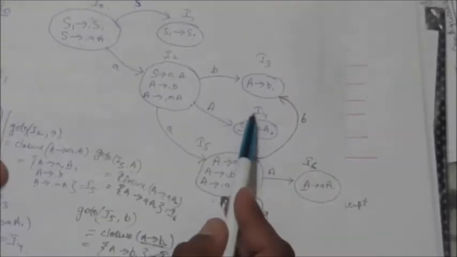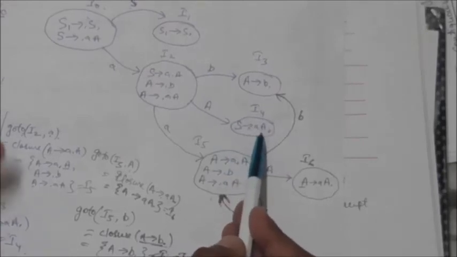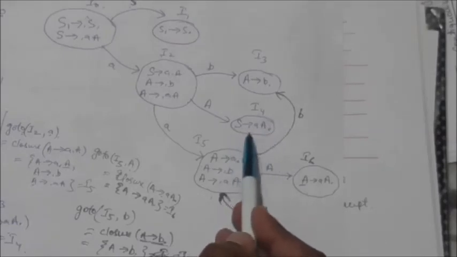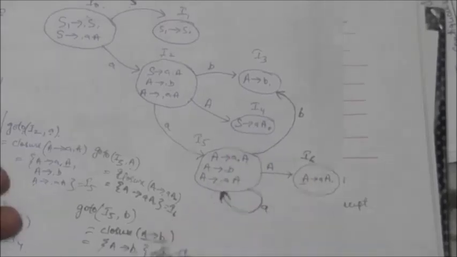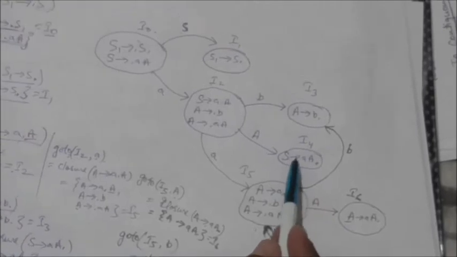Similarly you can see this state I4. This contains an item S derives AA dot. Here you can find that in this item the dot is at the rightmost position on the right side of the item. So in this case I need to find the follow of S. In this grammar the follow of S contains only one symbol, that is dollar, like follow of A. So see this production rule, S derives AA, its number is 1.